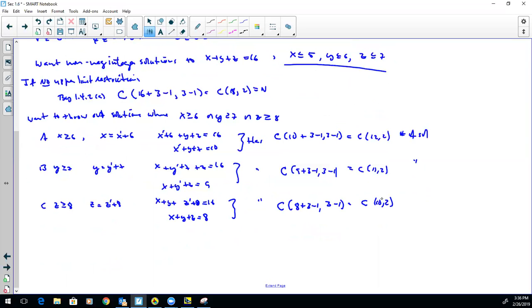Okay, now those are all added up, that's S1.